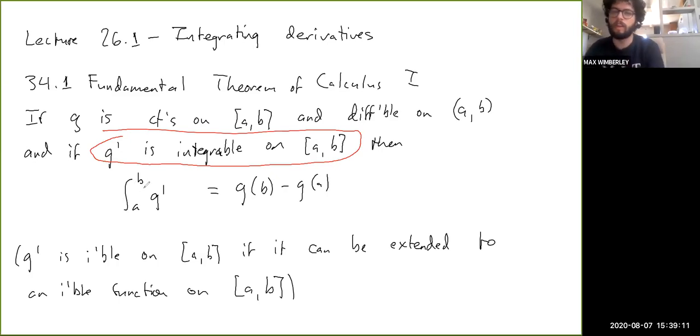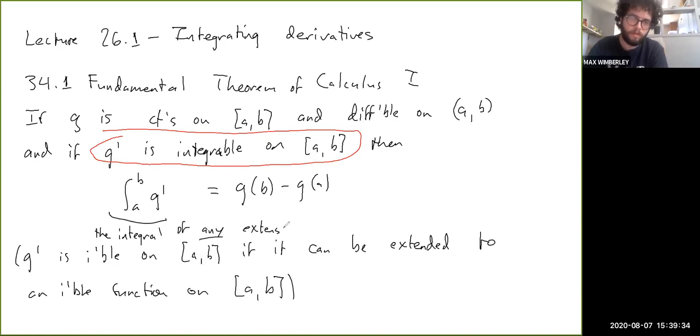So if you can extend it in even one way, if you can define any two values for G prime at A and B and get an integrable function from that, then you could have defined those two values however you want, and the integral will still be the same. So this integral is the integral of any extension of G prime to [A, B]. So the value doesn't depend on the choice of the extension.